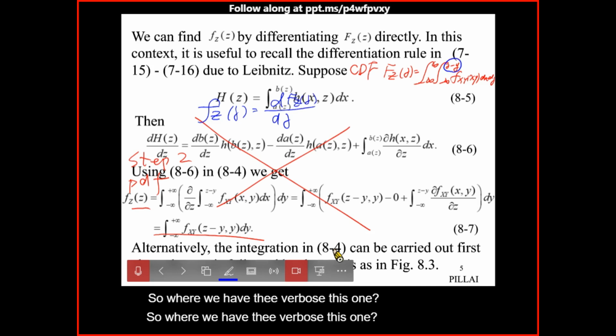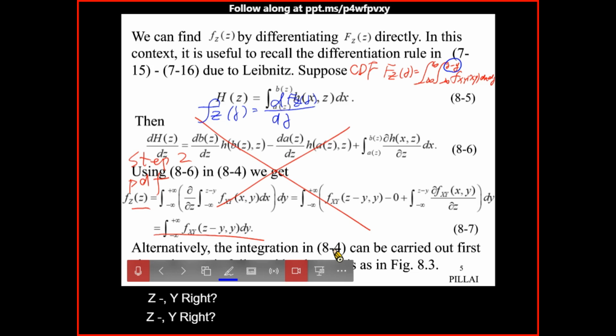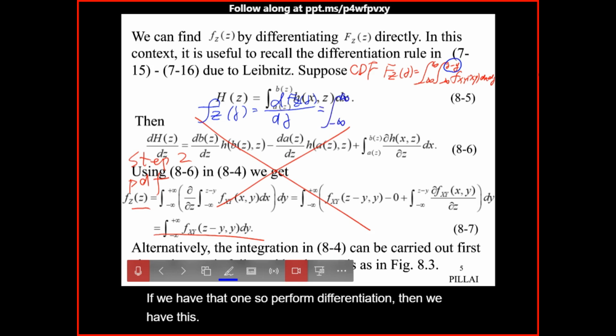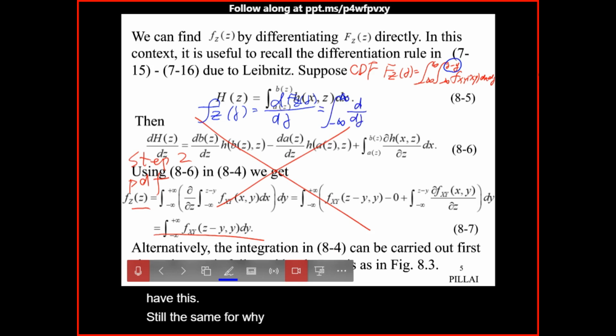Z minus Y, right? Well, if we have that one, so perform differentiation. Then we have this. Still the same for Y, but dz here. Sorry, Z minus Y.